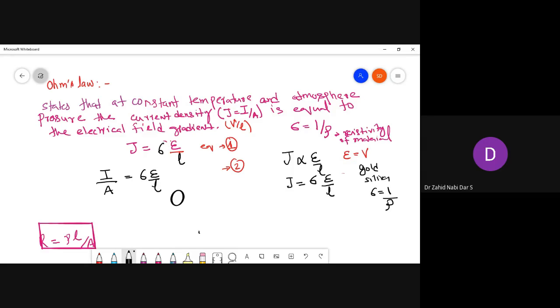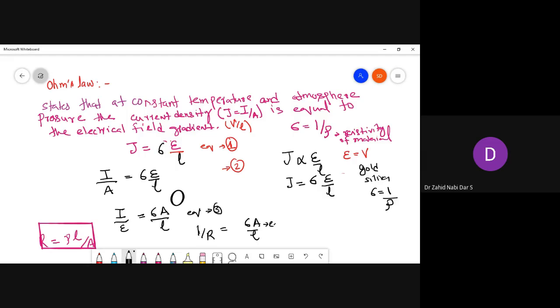Then I by E is equal to sigma A by L. This is equation 3, and I by E is equal to 1 by R. So 1 by R is equal to sigma A by L.